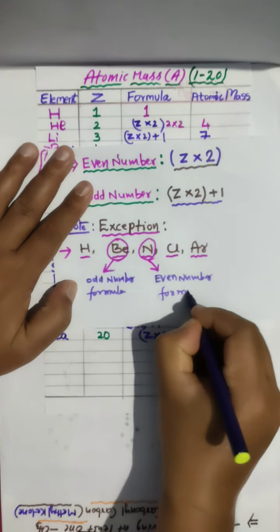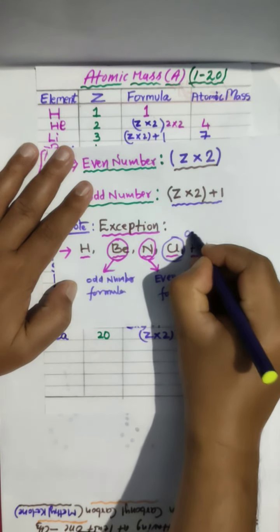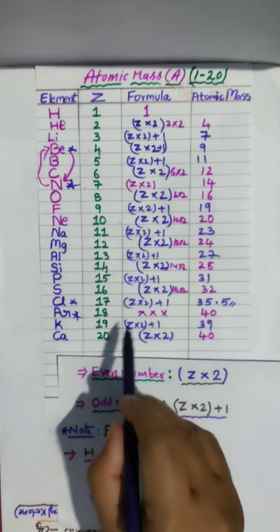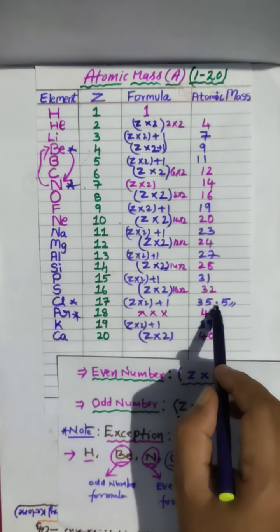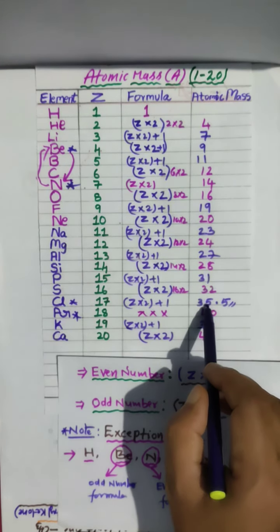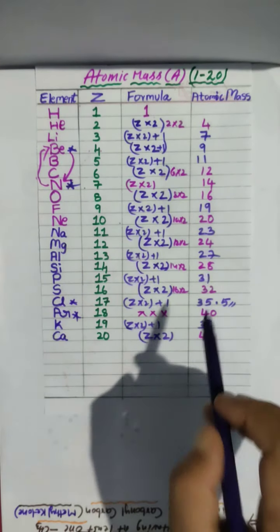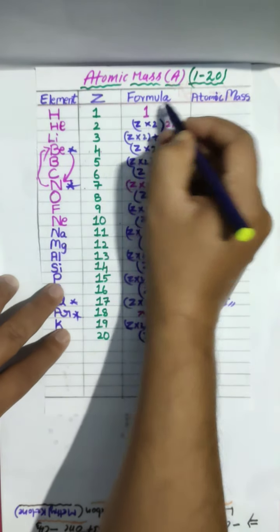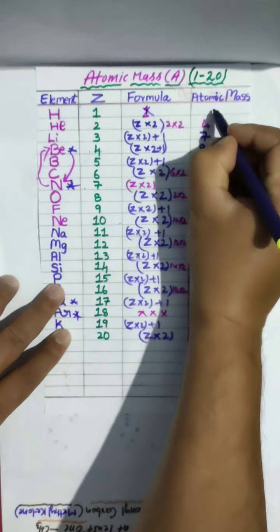Clear? Reverse. For chlorine you have to add 0.5 extra. You can use the odd number formula, but there is a 0.5 fraction, so you add it extra. That is the trick to remember easily without any confusion.